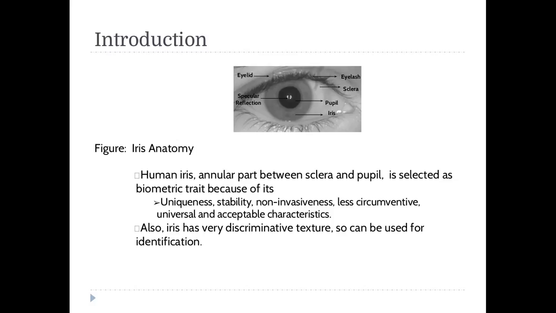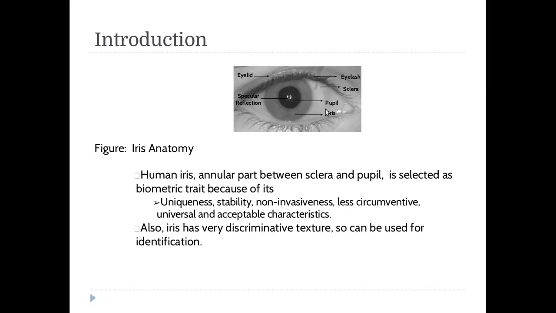In this figure I just wanted to let you know that this is an annotated figure showing the basic anatomical features which are available within an iris. Here you can see that this is the eyelid part, these are the eyelashes, the black parts.